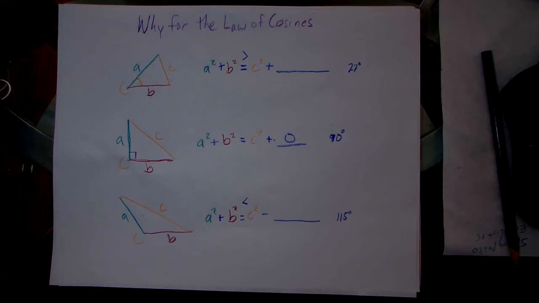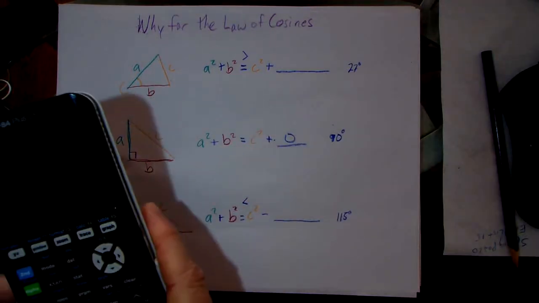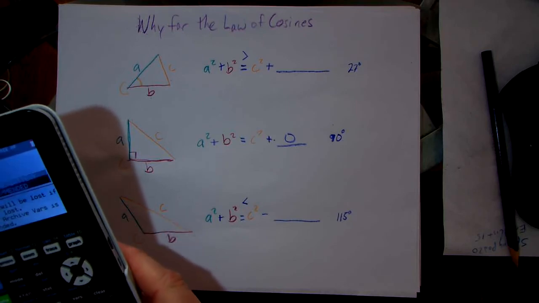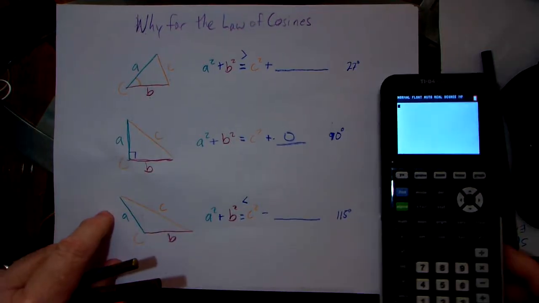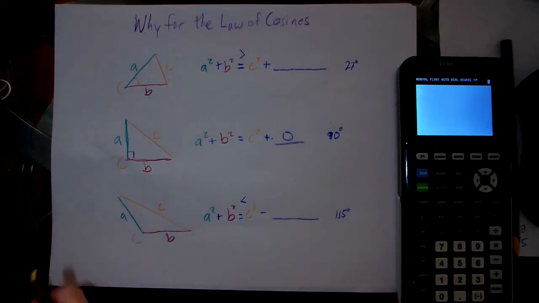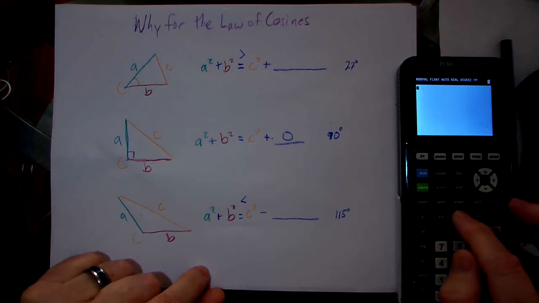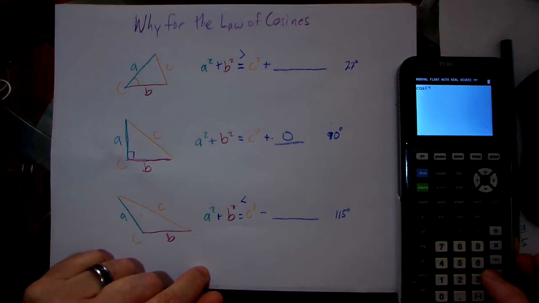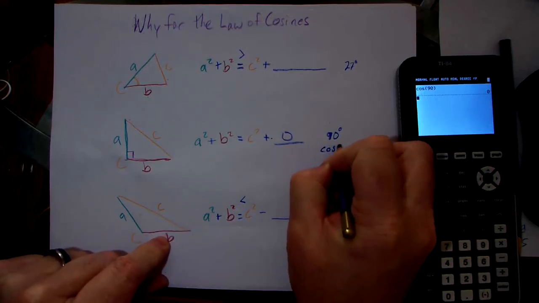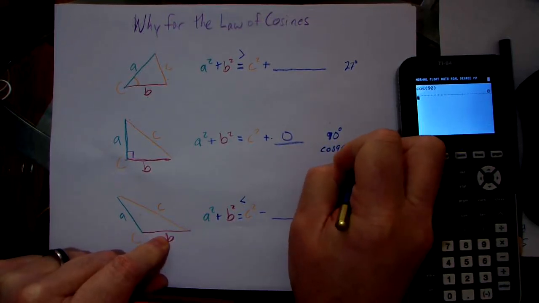Now, if we bust out our trusty graphing calculators and take a look at these, if we play around with the different trig options and play with cosine, if I take cosine of 90 degrees, I'm going to get 0.